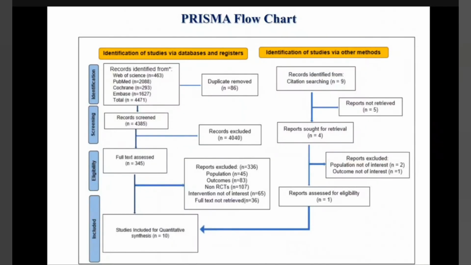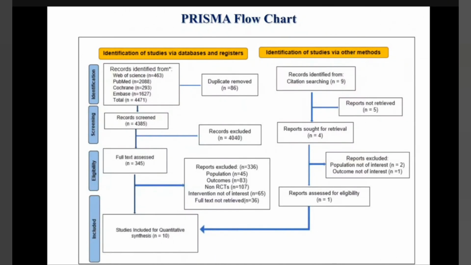So we screen these 345 articles in full text. You have to download the PDFs of the 345 articles, then document everything about those articles, like why you have excluded them. If you find after reading the full text that it is not relevant to our PICOs, you need to document why it is excluded.